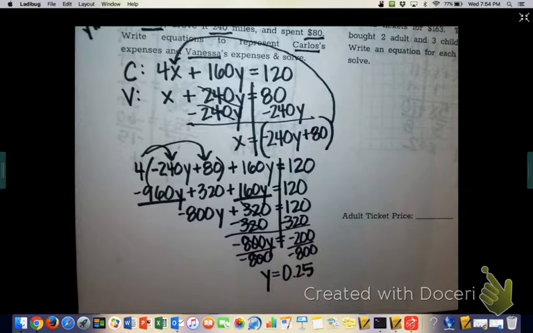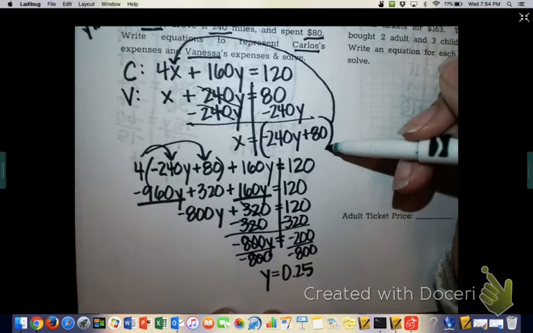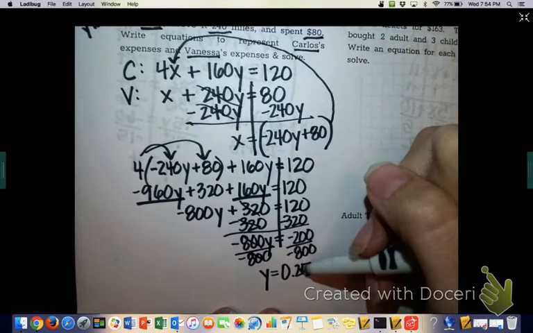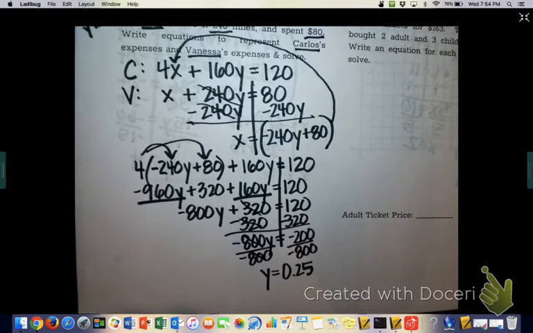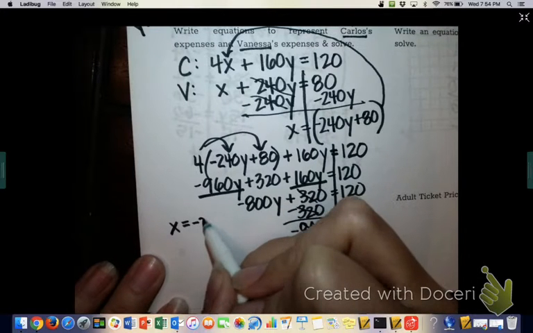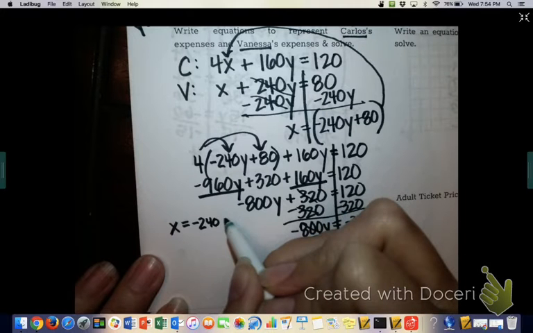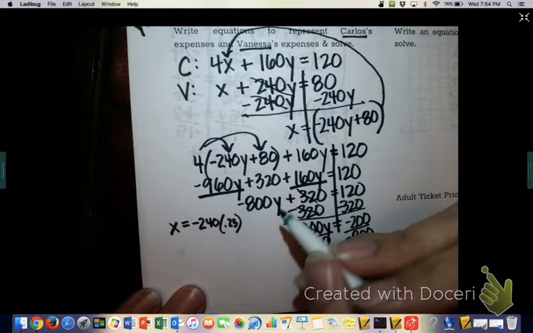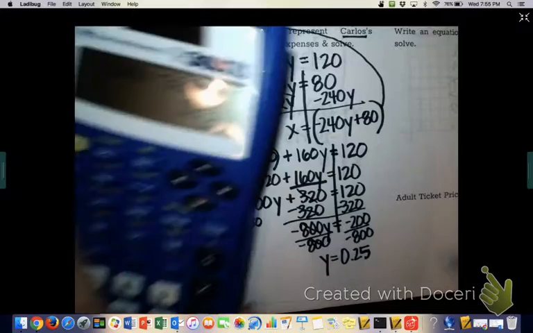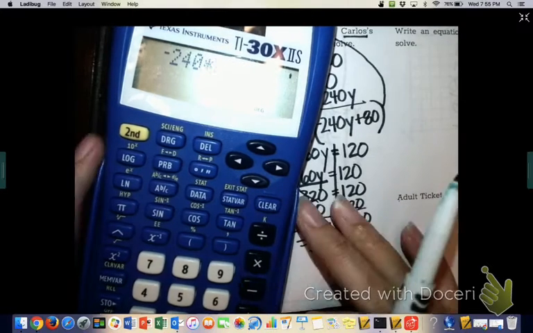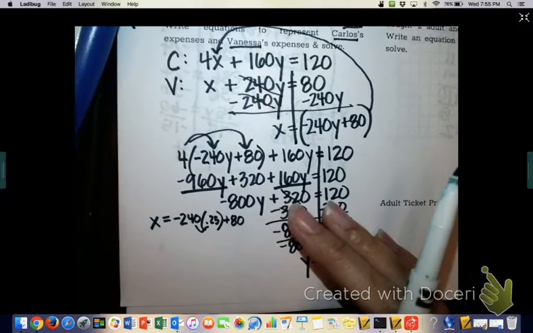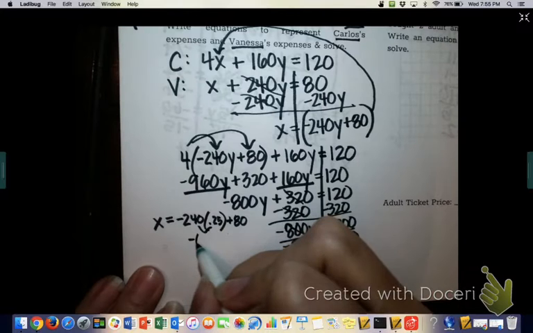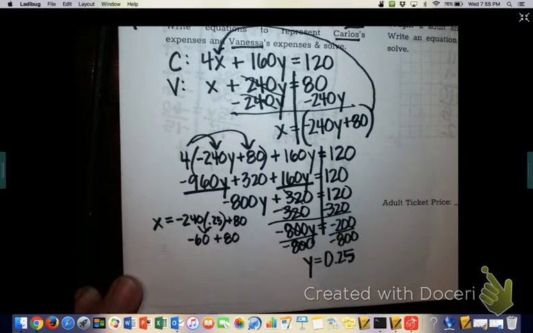Luckily, we've got this little thing in parentheses here, so all we need to do to solve for our X coordinate is negative 240 times 0.25 plus 80, and that will give us X. Negative 240 times 0.25 is negative 60, plus 80. Negative 60 plus 80 is 20, right?